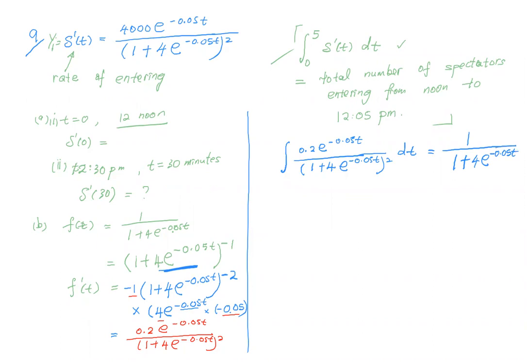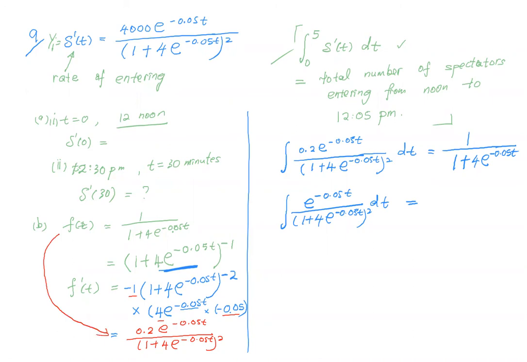So now, if I integrate just this... But wait, miss, why is it 1 over 1 plus 4e? If I differentiate this, I got this.